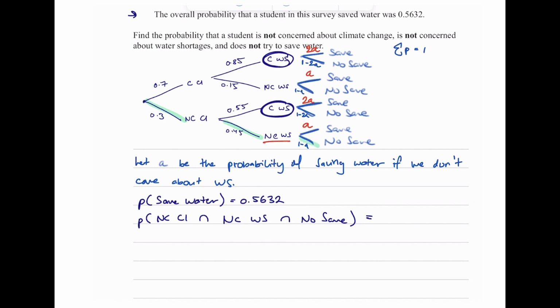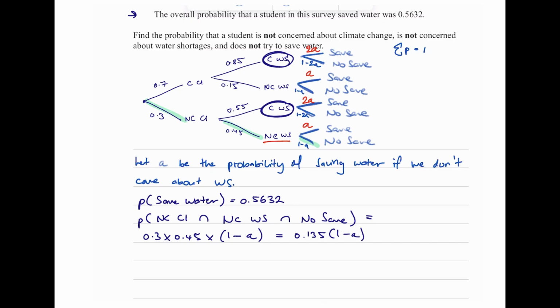So how do we calculate this? Well, this is the same as 0.3 multiplied by 0.45 multiplied by 1 minus a. So 0.3 times 0.45 is 0.135, multiplied by 1 minus a.